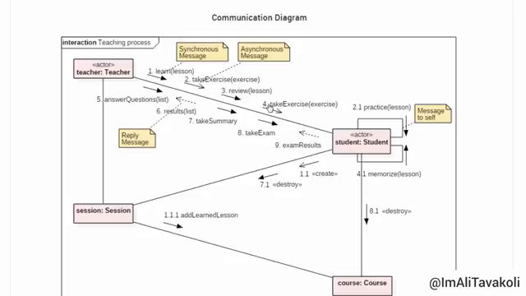And then number 4 will be triggered, take exercise, which causes number 4.1 to be triggered, memorize. And after that, number 5 will be triggered, answer questions. And then number 6, results, which is the reply message of the answer questions actually.